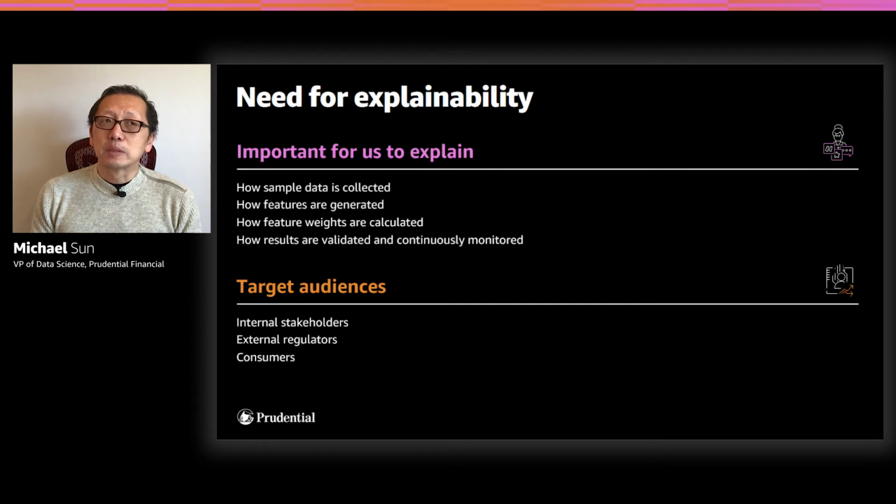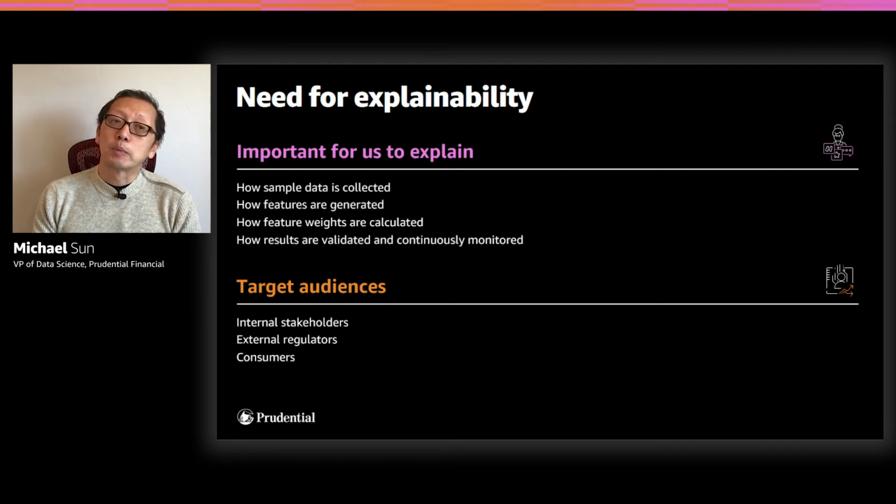The need of explainability is particularly important for an insurtech company, as we are practicing at Prudential. So when we talk about AI explainability, what does that mean to us? There are several aspects.